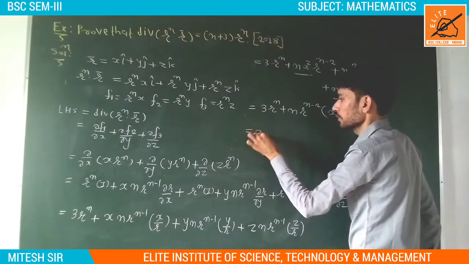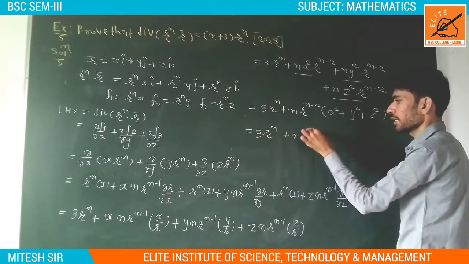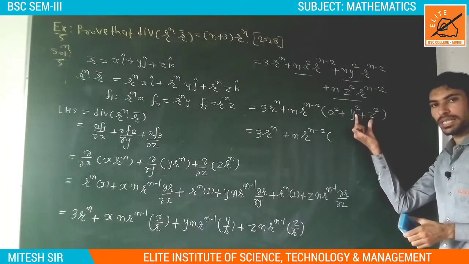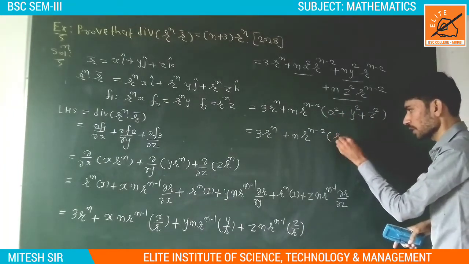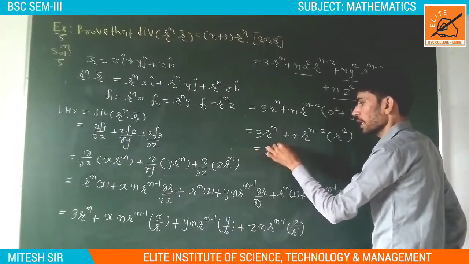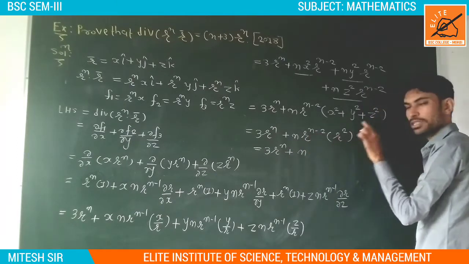Now 3r raised to n plus n r raised to n minus 2 into x square plus y square plus z square is nothing but r square, so it is equal to 3r raised to n plus n r raised to n minus 2 into r square.